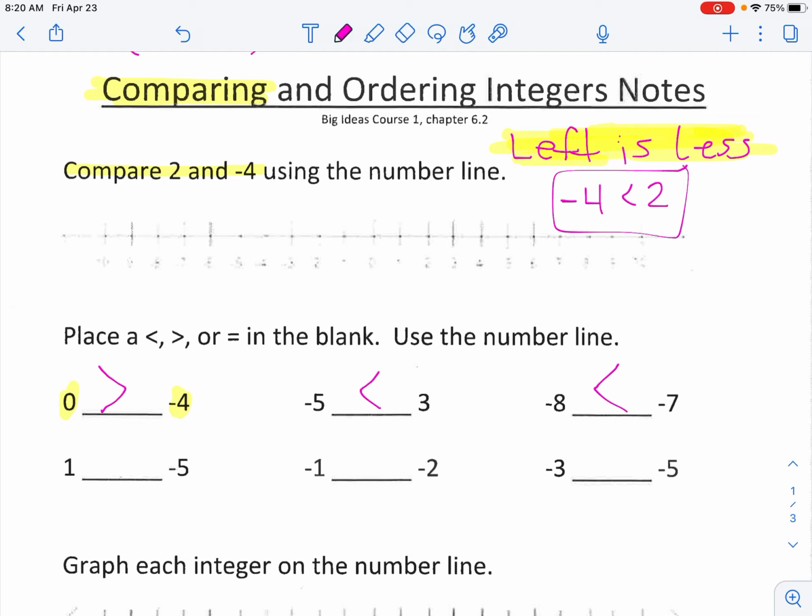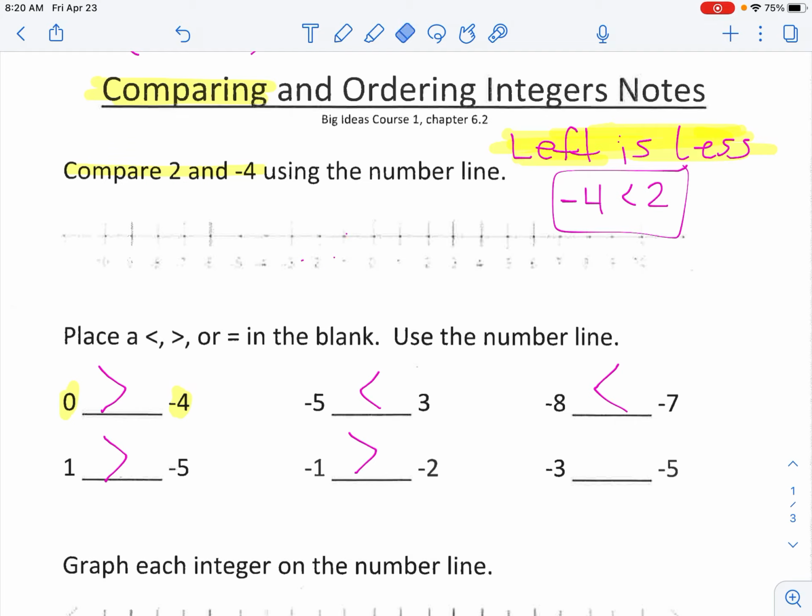1 compared to -5. Here's 1 and here's -5. Because 1 is to the right, it's greater than, so 1 is greater than -5. -1 and -2, here's -1 and here's -2. -2 is to the left, so it's less, which means -1 is greater than -2.